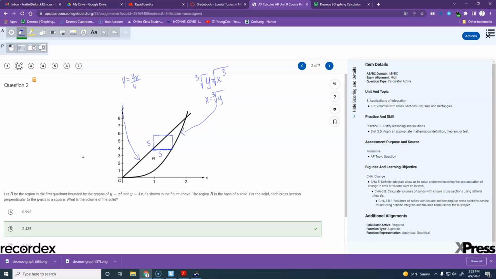So we could divide by 4, and so x equals y over 4, or I'm going to do 1/4 y. So let's start with just s. That's right minus left. That's the cube root of y minus 1/4 y.